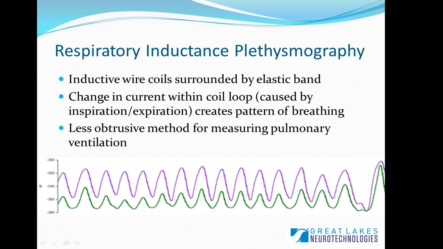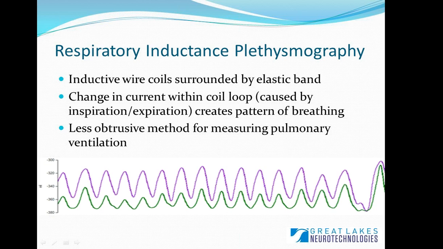The one type of respiratory measure that I'm going to focus on today is something called respiratory inductance plethysmography, or RIP, R-I-P. RIP is a type of respiratory effort band that's worn completely around the body at the thorax and the abdomen. There's an elastic band, and within that band are inductive wire coils.